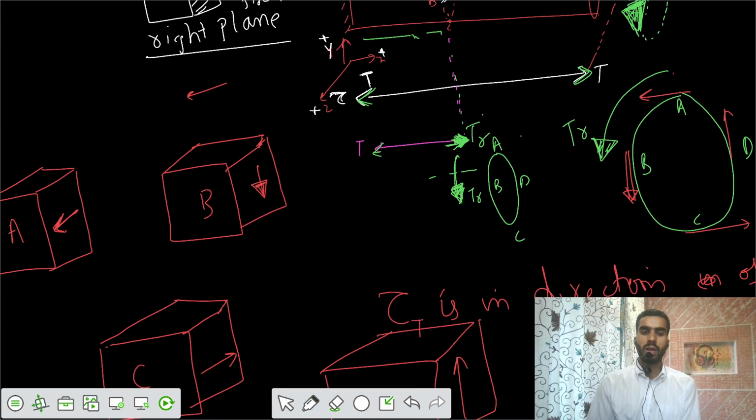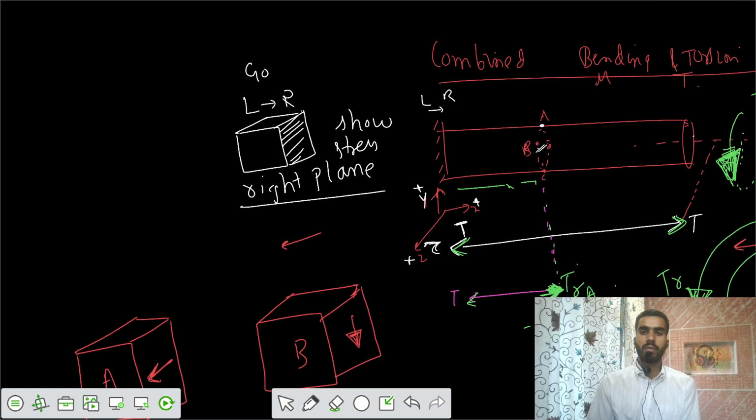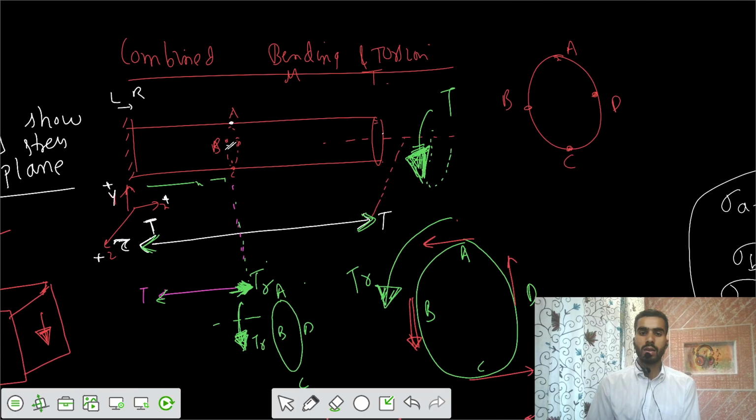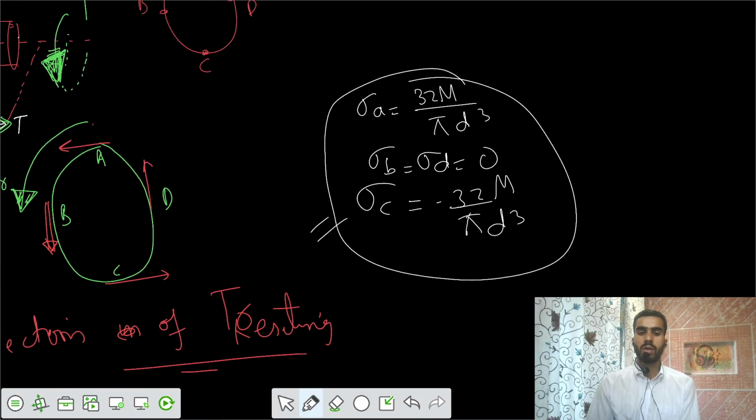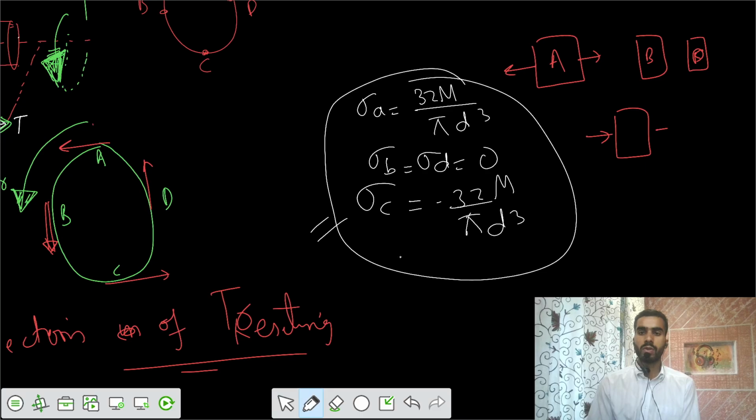If you combine them with the stresses we already have: on A there is some tensile stress, for points B and D we have 0 stresses, and for point C we have compressive stress sigma. Then we have to combine those.